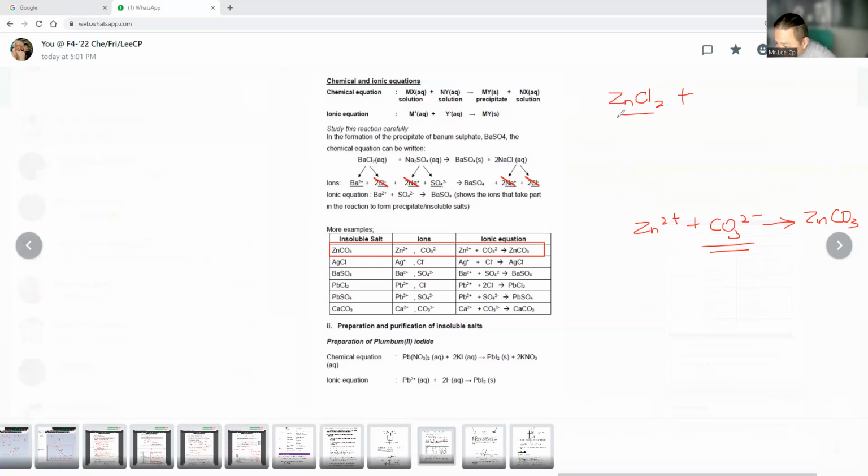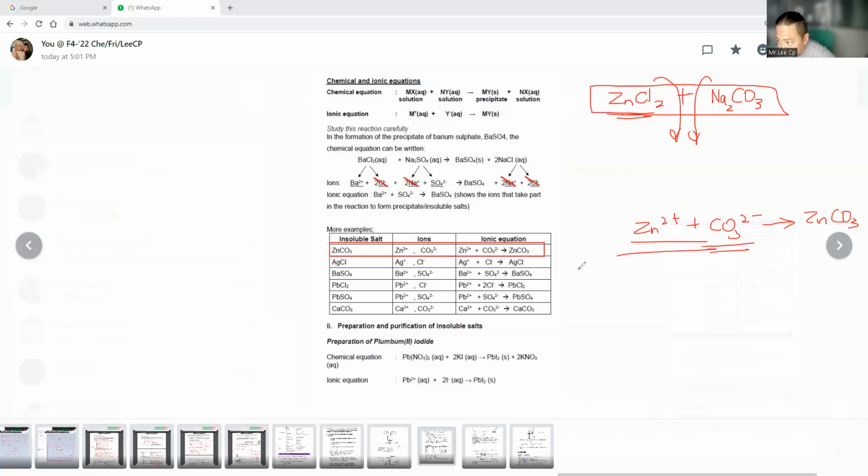So this one is a solution already. Plus one more: you must have a CO3 one, a soluble salt. You mix them together, then it becomes insoluble. So let's say Na2CO3. You mix them together, then you get back to this process.